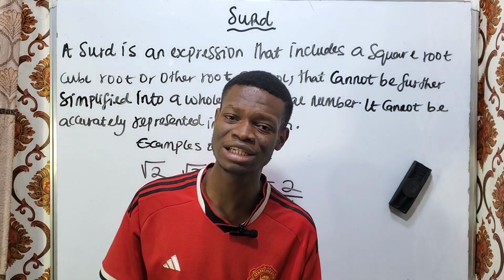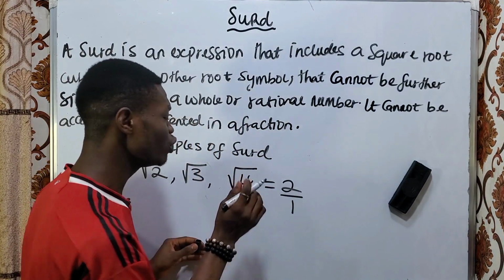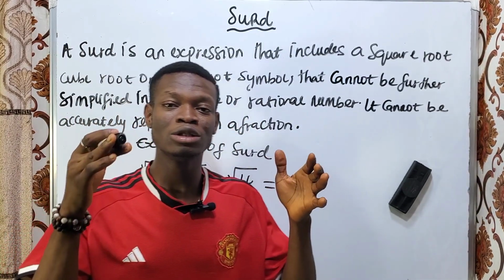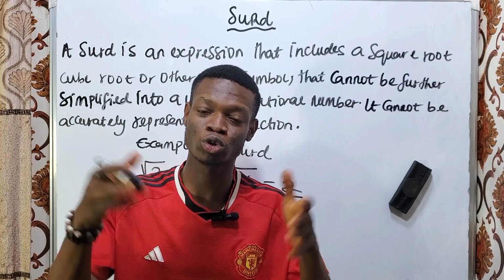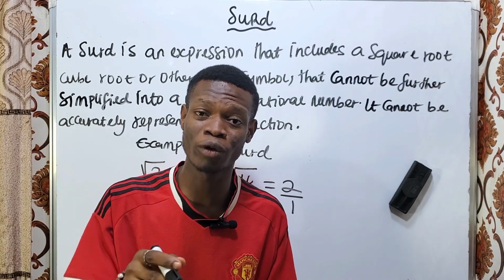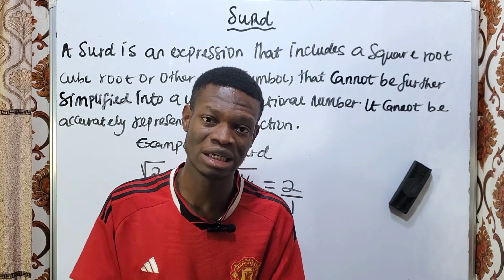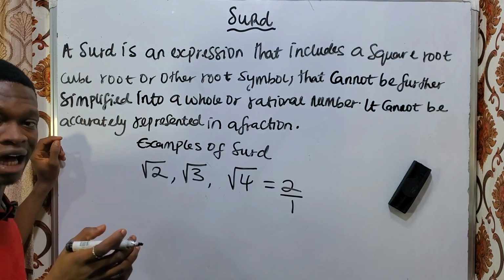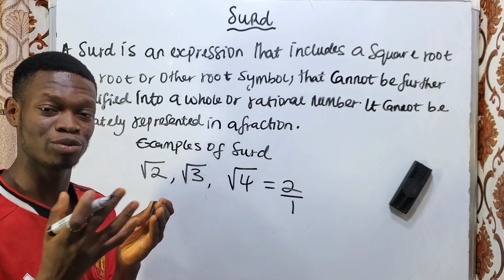Now, for you to understand this, surd simply means the square roots of non-perfect squares. So what are perfect squares? Perfect squares are what you get when two identical numbers multiply.